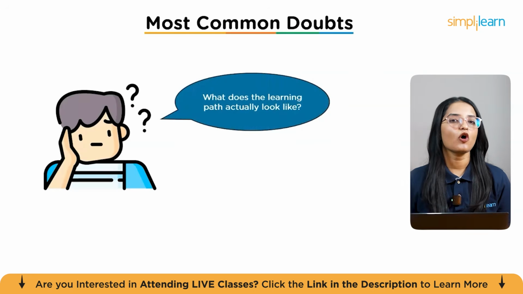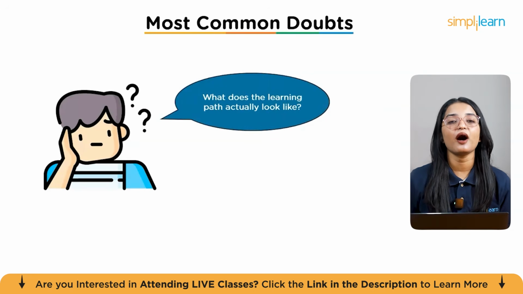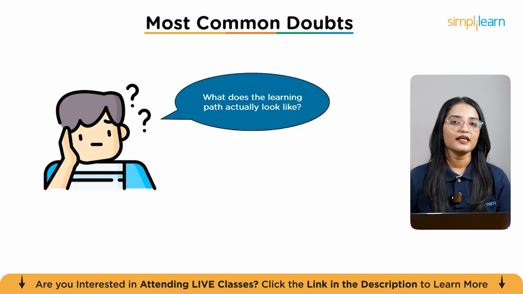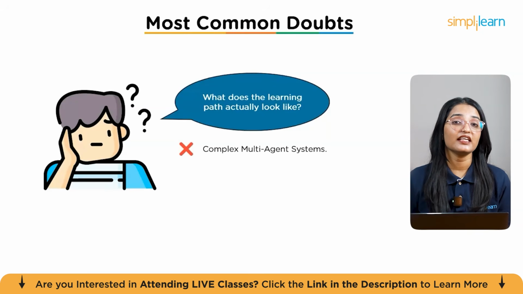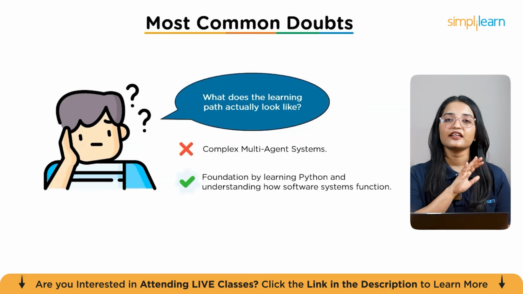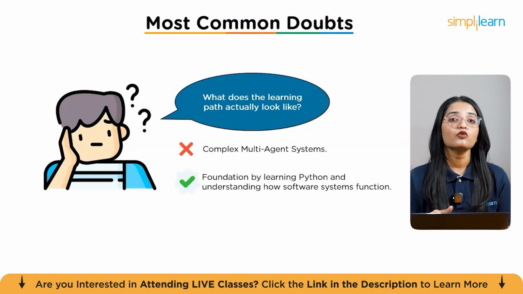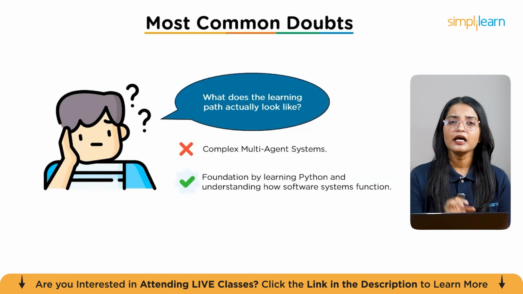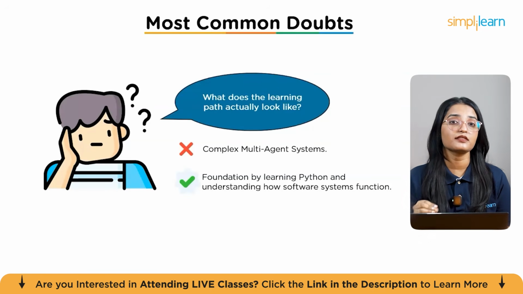Now, the second most common doubt is, what does the learning path actually look like? The mistake many people make is thinking that they need to build complex multi-agent systems from day one. That is not how it works. You move step by step. First, you build your foundation by learning Python and understanding how software systems function.